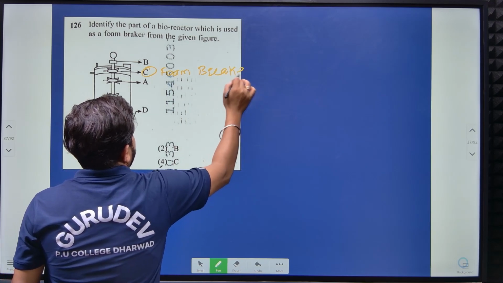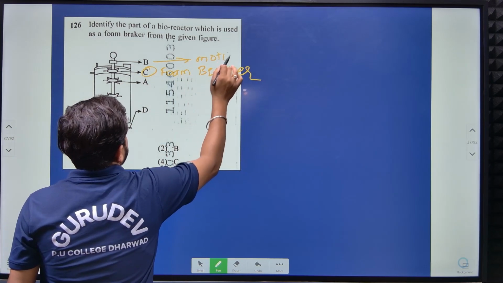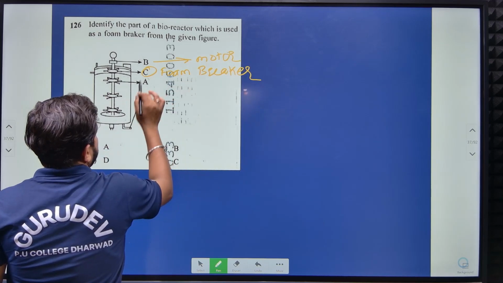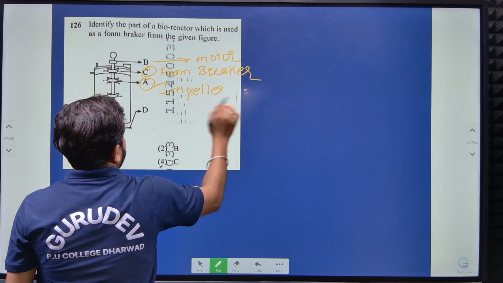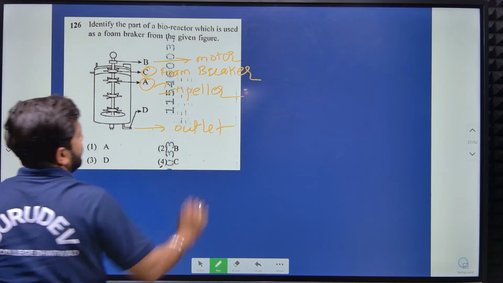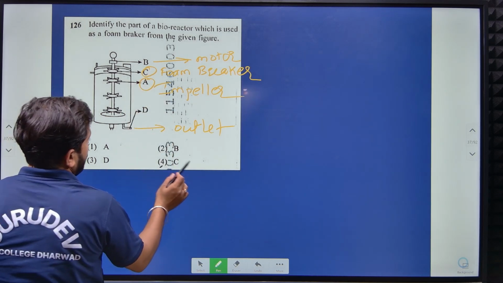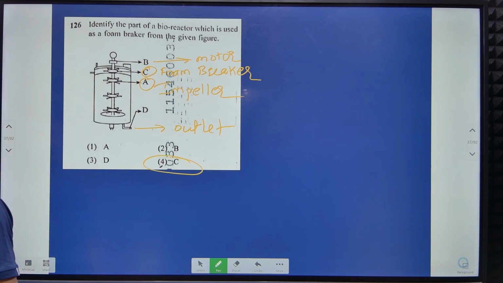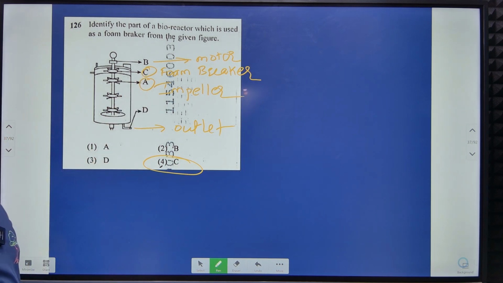But B is actually the motor, and A is the impellers. And here it is the outlet, where the inoculum is collected from. So according to that, the foam breaker is option C, that is option 4, which is known to be the foam breaker here, right?